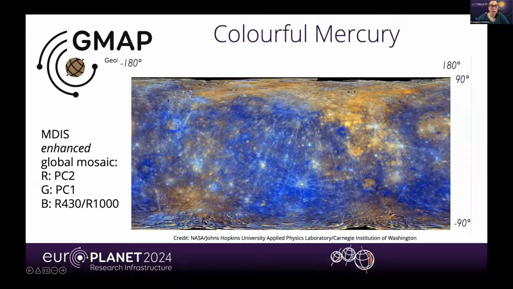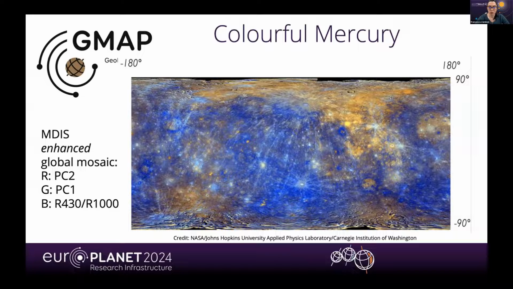So you see that here the northern smooth plains appear in yellow-orange color, very different from the blue, low reflectance blue plane.